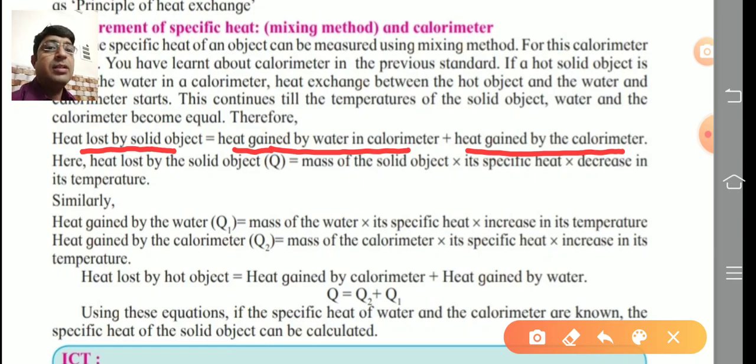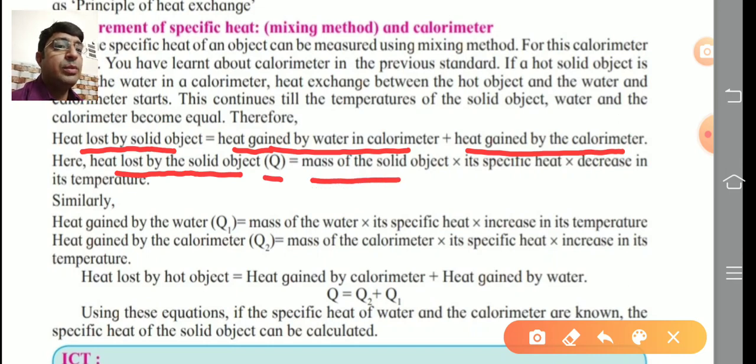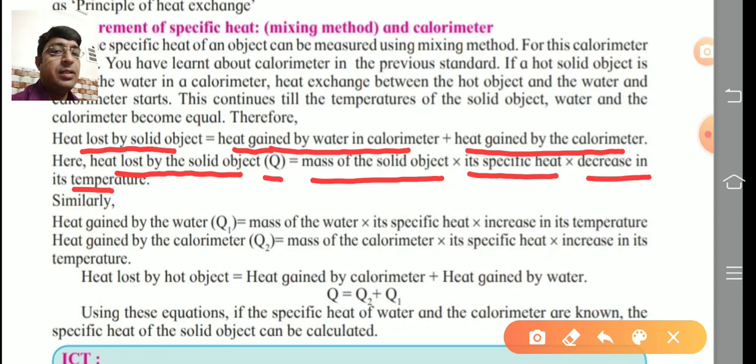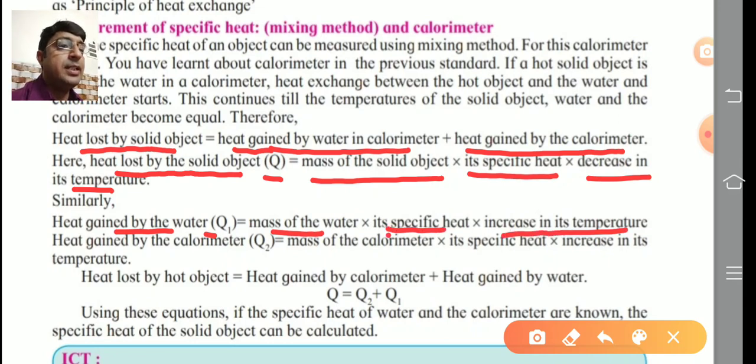So this is one formula. Here, heat lost by the solid object, indicated by capital Q, is equal to mass of the solid object multiplied by its specific heat multiplied by decrease in temperature. Next, heat gained by the water, indicated by Q1, is equal to mass of water multiplied by its specific heat multiplied by increase in its temperature.